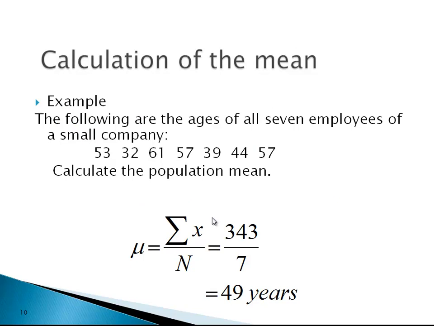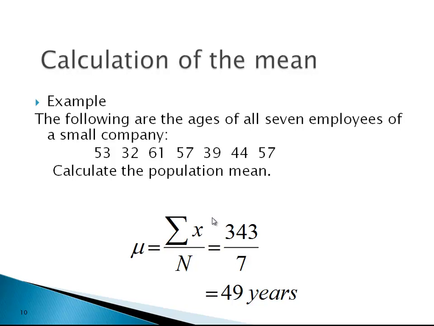For example, we have the following ages for 7 employees in a small company: 53, 32, 61, 57, 39, 44, and 57. Calculate the population mean. This is the population, I didn't take a sample of the population. I have a total of 7 employees in that company, so the whole population is 7.